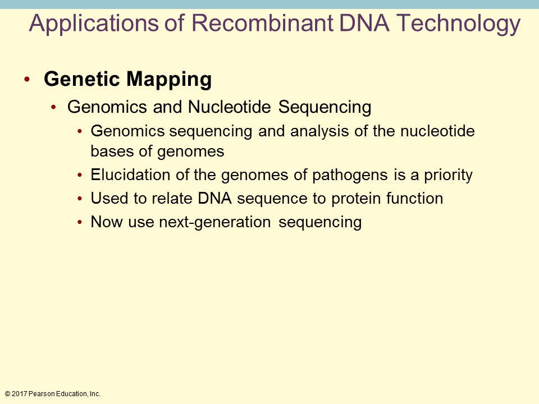In terms of nucleotide sequencing, this is basically taking the DNA and figuring out what the base sequence is. Is it G, A, T, T, C, G, G, etc. They just list them out, which gives you an idea of where the genes are located and what the base sequences are for the various genes.